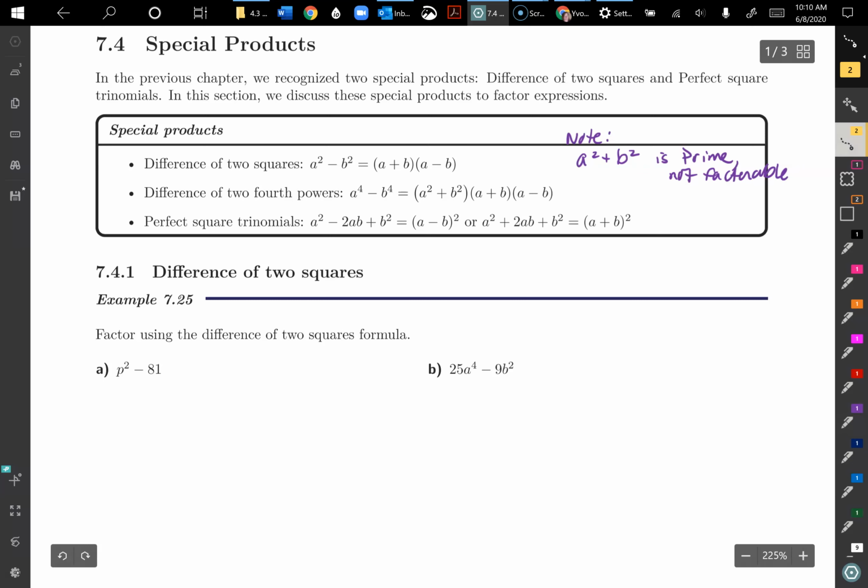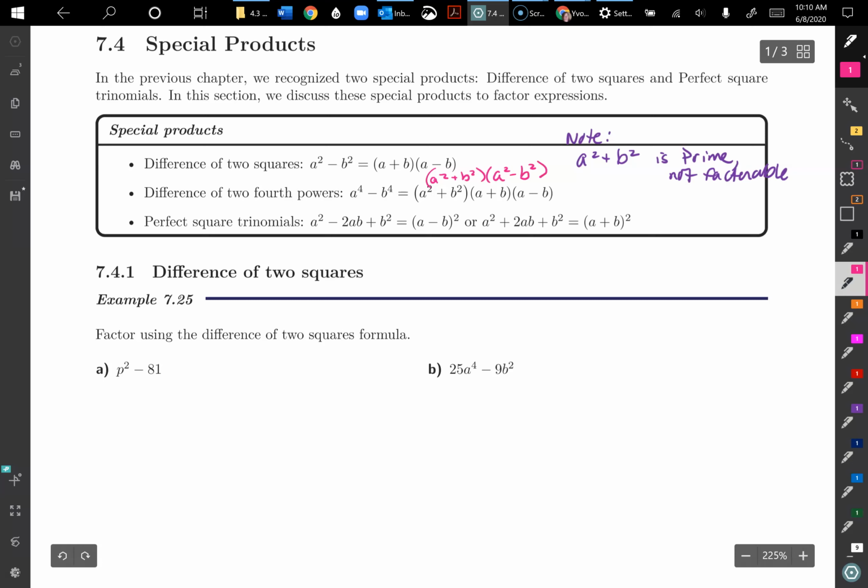Now, if we have the difference of two fourth powers, we have a to the fourth minus b to the fourth. That means we're going to get a sum of two squares here, which isn't factorable, but we would have the square root of the first. How this breaks down, let's see. We would actually have a squared plus b squared times a squared minus b squared.